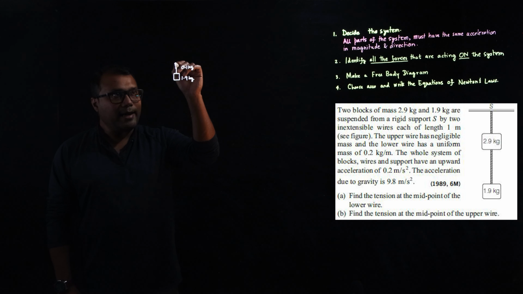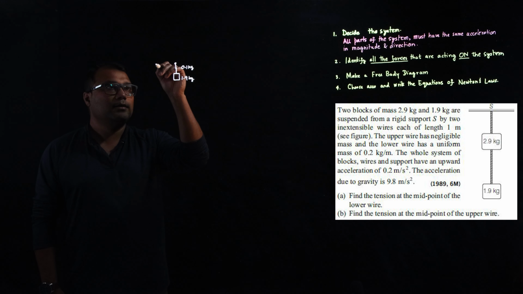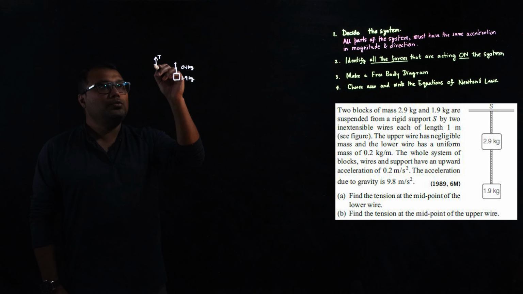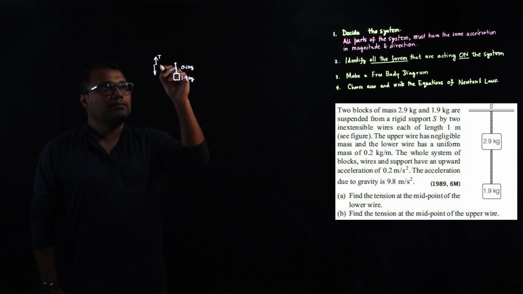Now, at this point there is a tension. If I draw the free body diagram of this point, there is a tension in the string, let's call that T1, and then there are two weights downward.